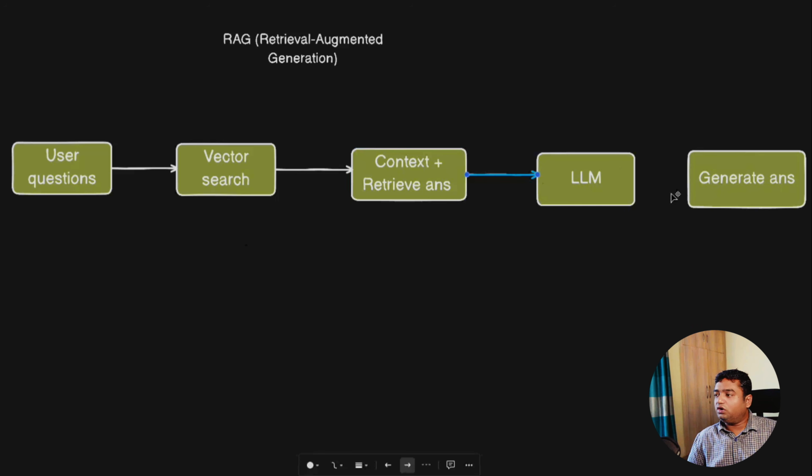Once we get all this information into the LLM, the LLM is responsible for generating the human readable answer with the help of the context and the answer we got from the vector search. In vector search, generally we do a semantic search. A near-about answer is generated, and then this information is given as an output.